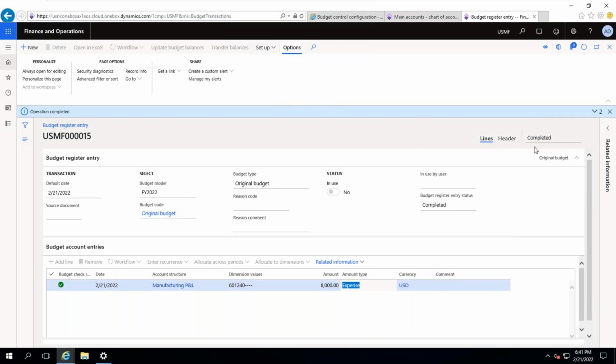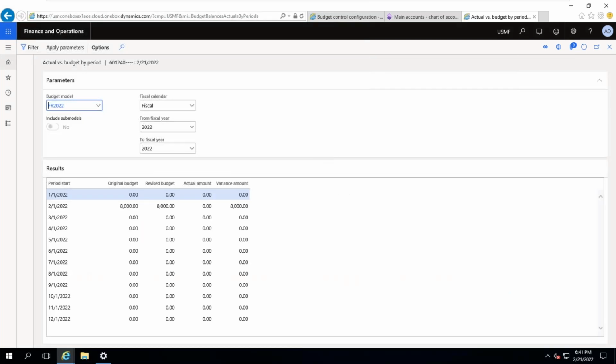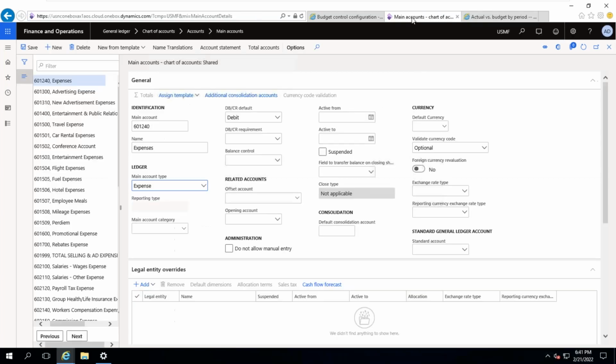Now you can verify the report. Here, budget balances are actual versus budget. It is showing the budget amount 8,000.